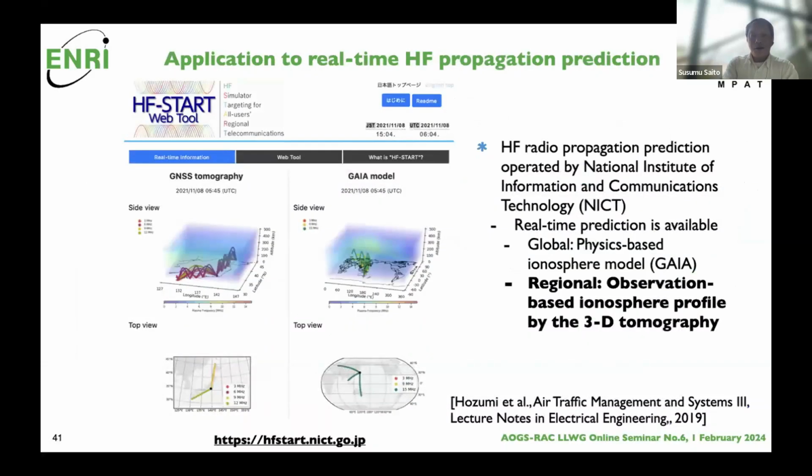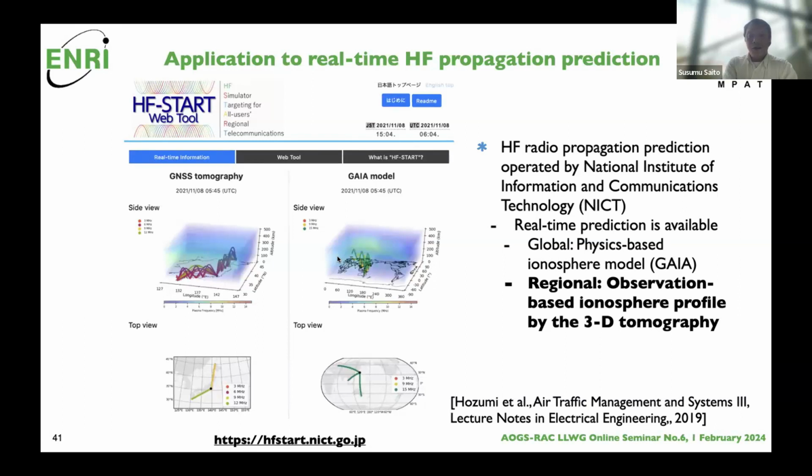Also, we collaborate with National Institute of Information Communication Technology to predict the HF radio propagation in real time. In this real time HF radio propagation prediction, our tomography results are used for the regional propagation prediction.